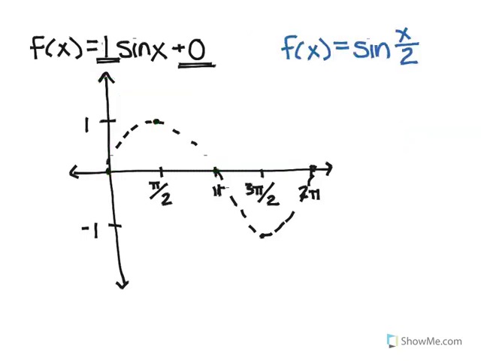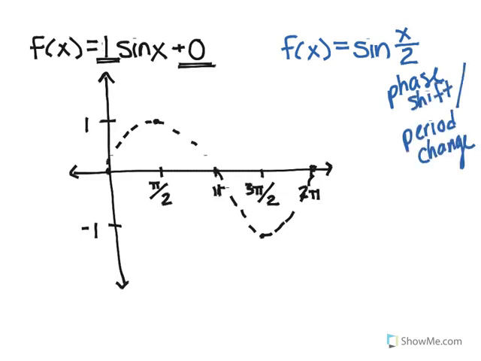So this next graph that we have is going to be a different transformation yet again. This is something called a period change, not a horizontal transformation, I'm sorry. And the period is how long it takes, how much of the x-axis it takes to make one full sine curve happen.